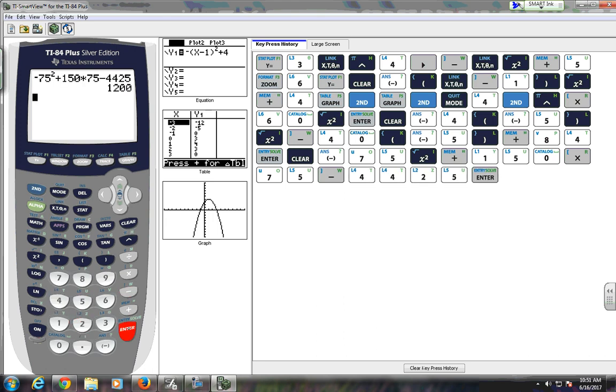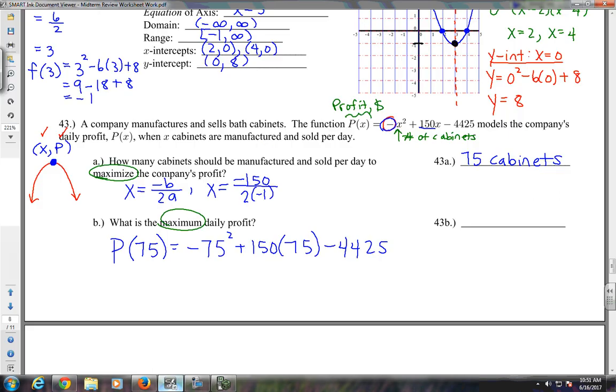Let our calculator evaluate, and we find the maximum profit is 1,200. Okay, piece of cake. So if you get a word problem and it's asking you about the maximum or the minimum values of a quadratic function, you're simply going to need to calculate the vertex there. Don't panic, just find the vertex. -b/(2a), f(-b/(2a)).